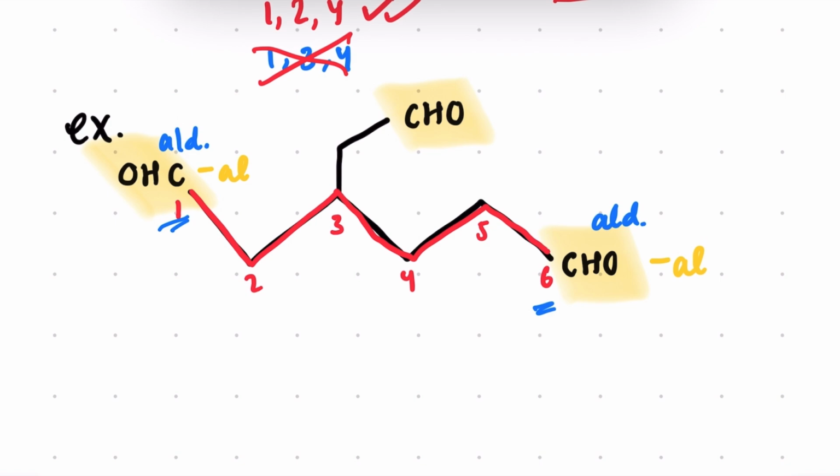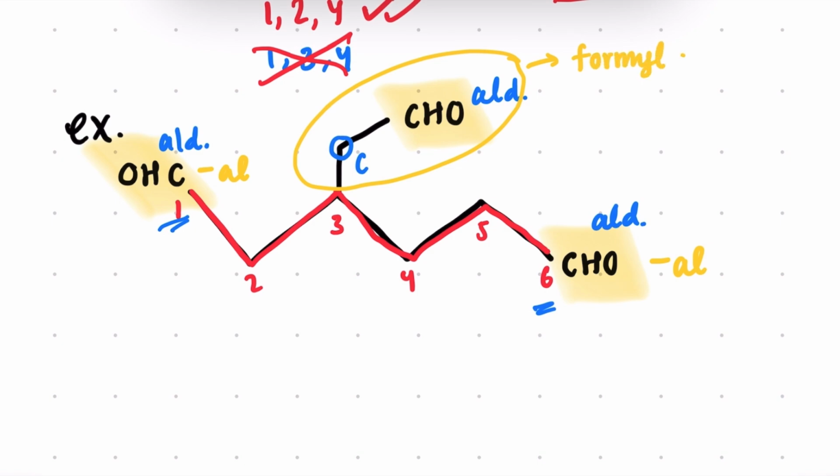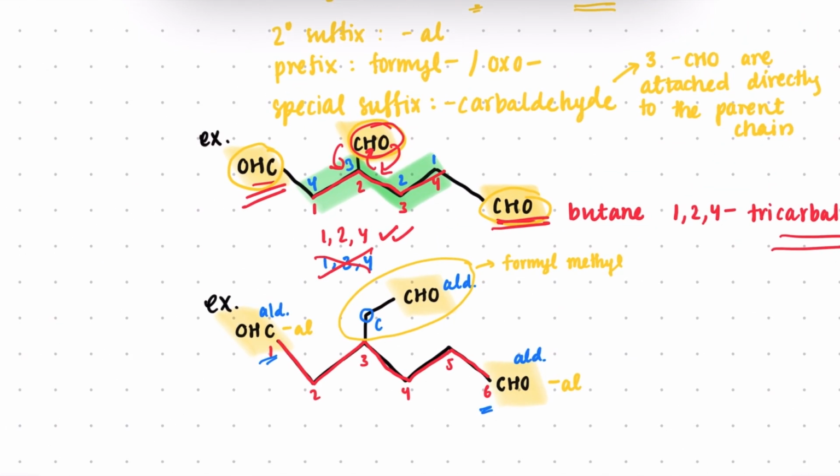Now, this is also an aldehyde group, but it is connected to the parent chain by means of a single carbon. So this entire group right here, we will call it a methyl. So, as I've said, we had to use a secondary suffix and a prefix in this second compound right here. Now, for the prefix, we use formyl when the aldehyde group is not directly attached to the parent chain.